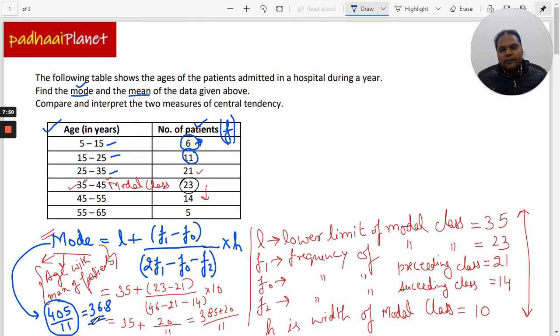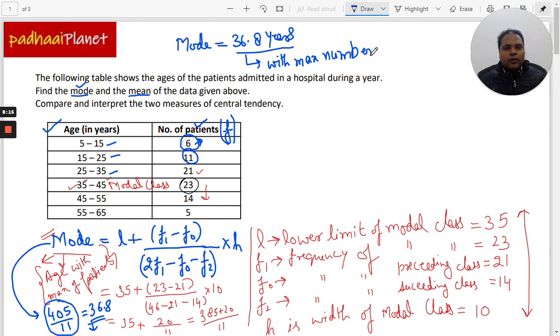So these are the years. So we can say that the mode is equal to 36.8 years, that means this is the age with the maximum number of patients.